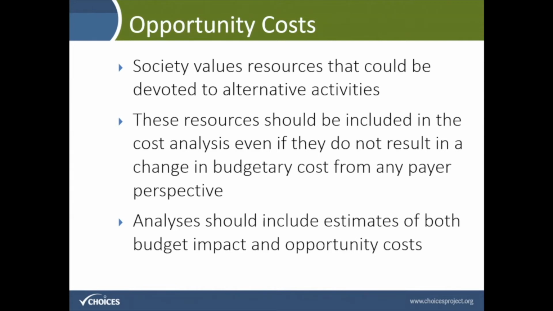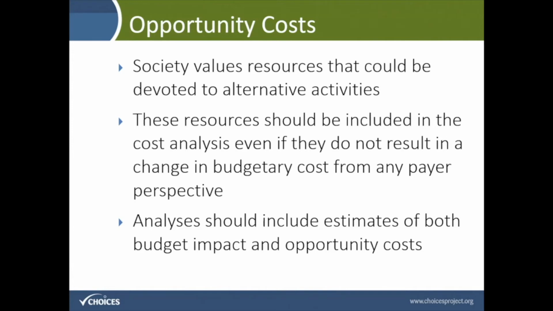Opportunity cost is another key concept, one which I've already referred to, but now we'll take the time to explain. The basic idea of opportunity cost is that a resource has value because it could be used for something else.